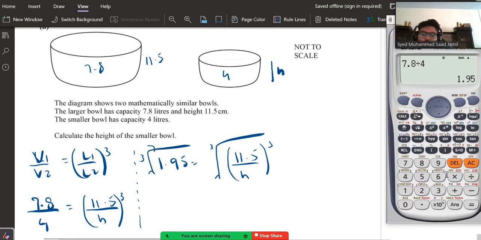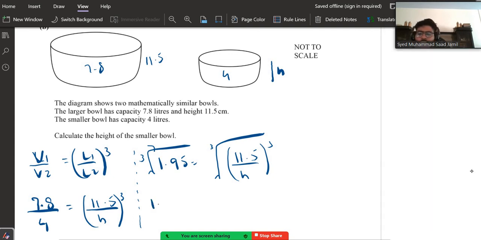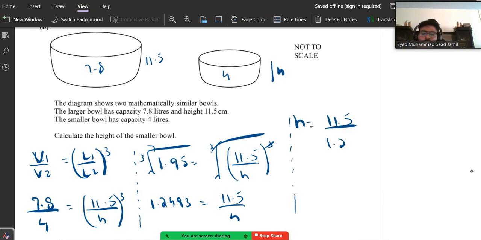Alright, so shift answer, it's 1.2493. 1.2493 is equal to, both of these get cancelled out, 11.5 upon h. h is equal to 11.5 divided by 1.2493. h will go up and 1.2493 will come down.